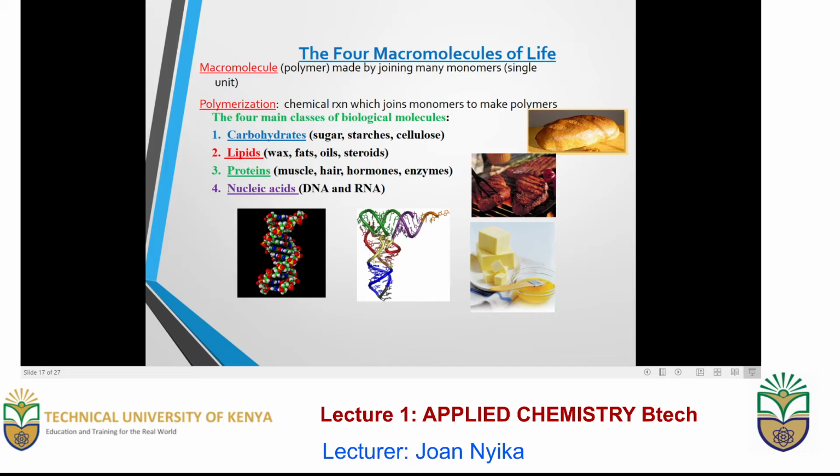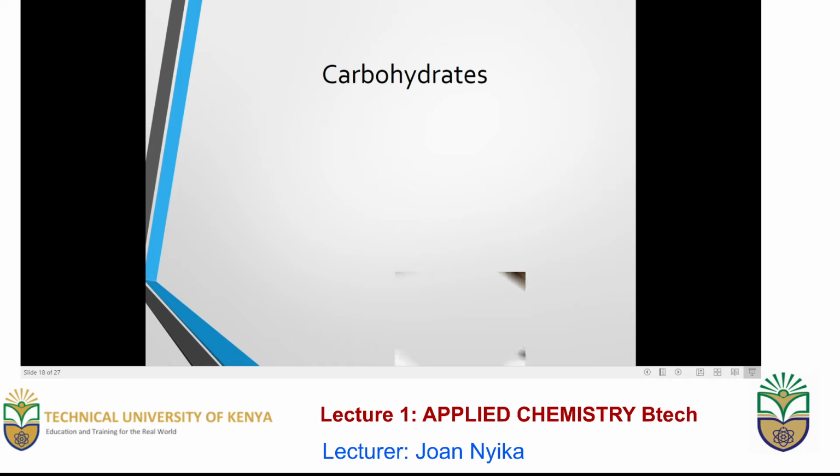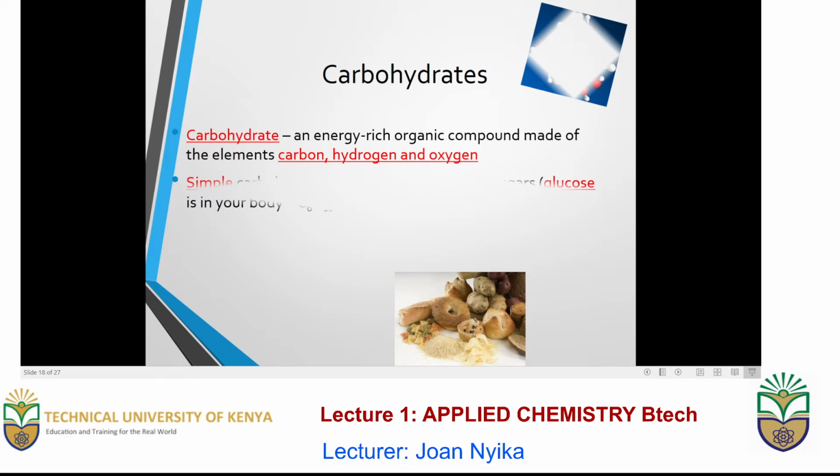Proteins, on the other hand, form what we call muscle, hair, hormones, and enzymes. Nucleic acid are the ones that form what we call the genetic material. It could be DNA or RNA, depending on the organism we are talking about and the function of the various nucleic acid.